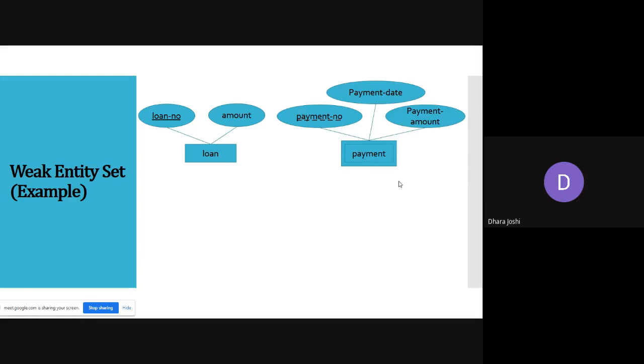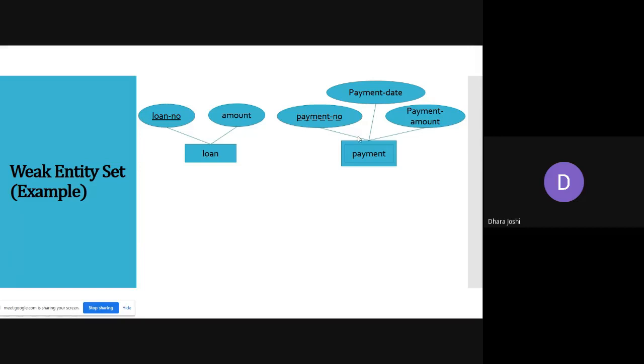If I want to know installment number 3, how much, and the broader scenario, then I must depend on loan, because this loan is having this much amount, and for that, this is installment number 2 or installment number 3. So payment or installment, this entity cannot exist with their attributes only.